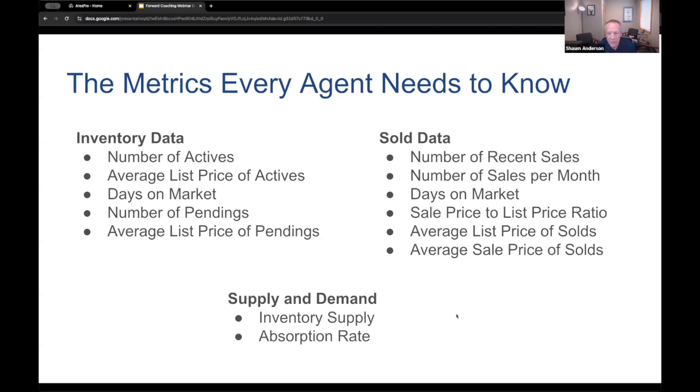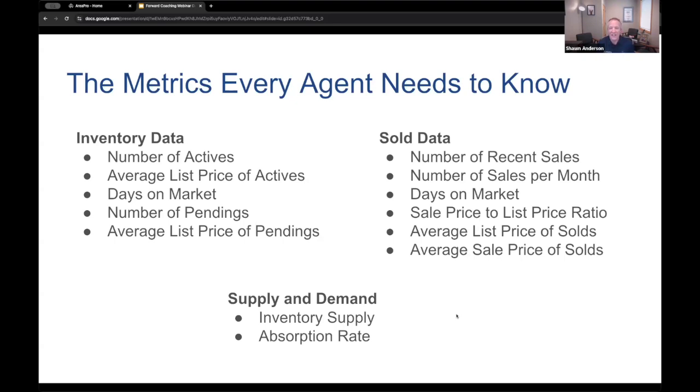So when we're talking supply and demand, inventory supply answers the question, and you've probably heard 100 explanations of this: if we did not add any more inventory today and we continued to sell at the pace, how long would it take us to run out of homes to sell? It's hypothetical, and I tell this to buyers and sellers all the time.